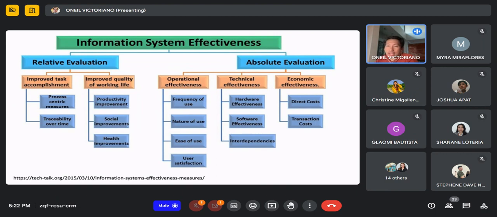And process is actually equated to the vision, mission, or objectives of the organization. So if you have the slides now, looking into how effective and how important the information systems are, and looking into these different components, you might look into doing measurements of the effectiveness of information systems.